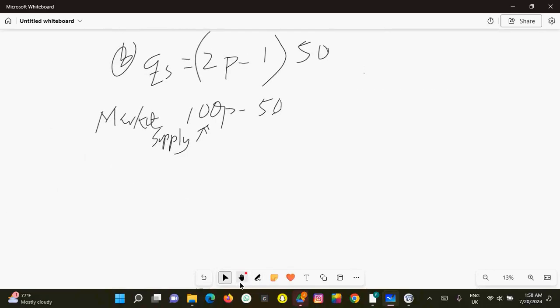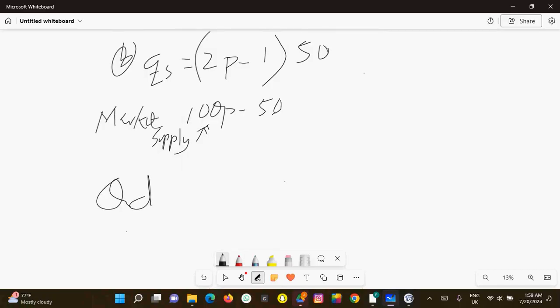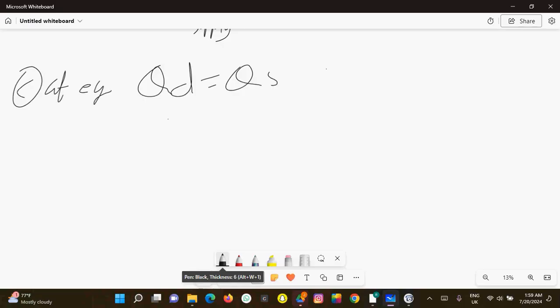Now we know that at equilibrium, quantity demanded is equal to quantity supplied, right? So for this C, quantity demanded is equal to quantity supplied.